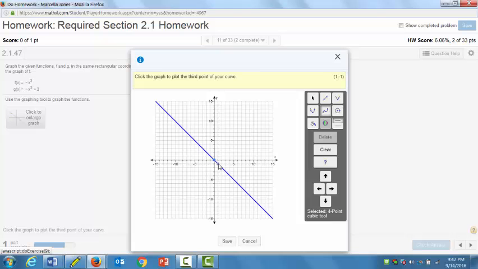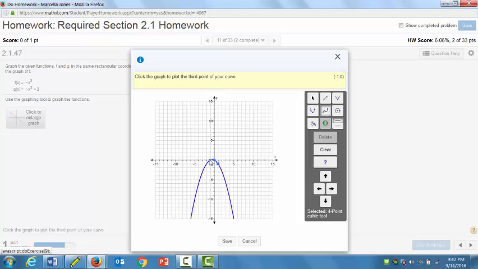Now I want to plot the point that's 1 unit away from my first point in the opposite direction. So I plotted a point that was 1 unit to the right of the very first point I plotted. Now I want to plot a point 1 unit left. So the x of this point is negative 1.